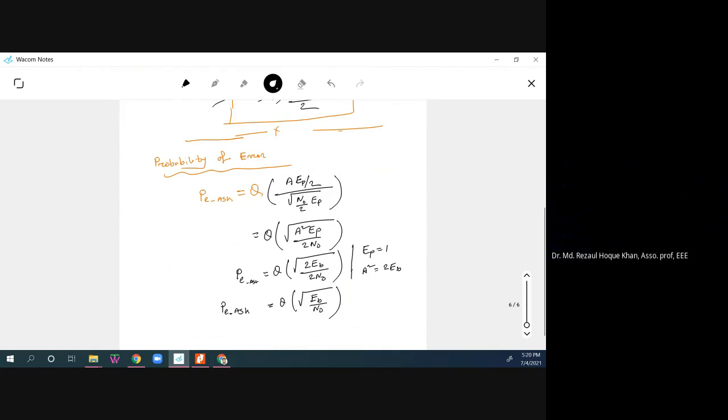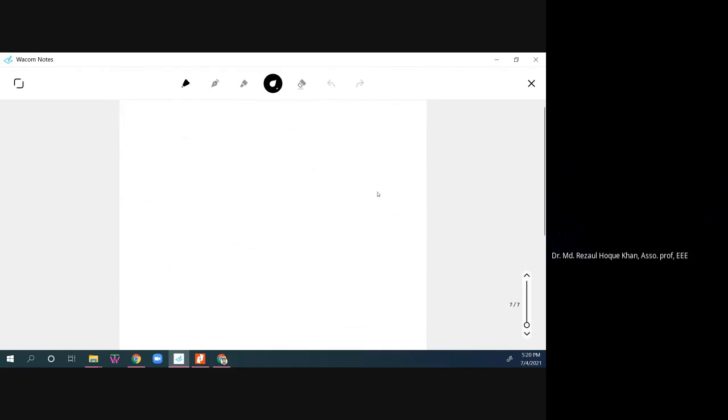So we would like to compare it. Let's compare the probability of error for BPSK with the probability of error for ASK. Let's summarize here. The probability of error for BPSK was the Q function of the square root of twice E_b by N0.